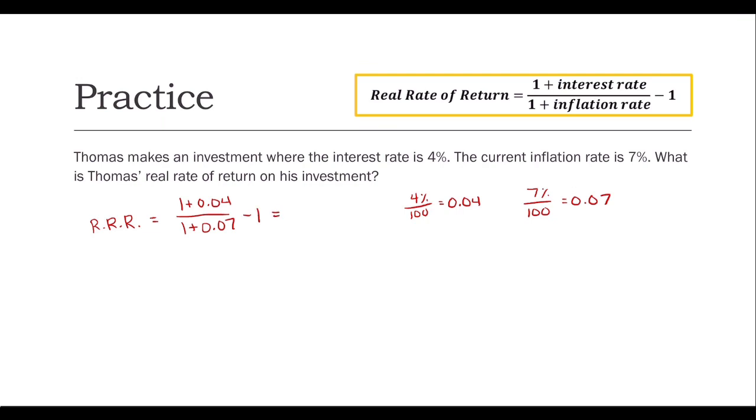When we enter all of that into the calculator, we get that the real rate of return is negative 0.028. If we change that to a percent, we multiply by 100, and we get negative 2.8% as the real rate of return on the investment. So Thomas's money is actually losing value.